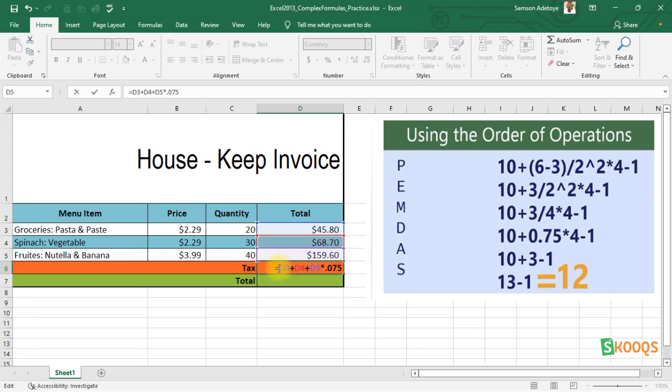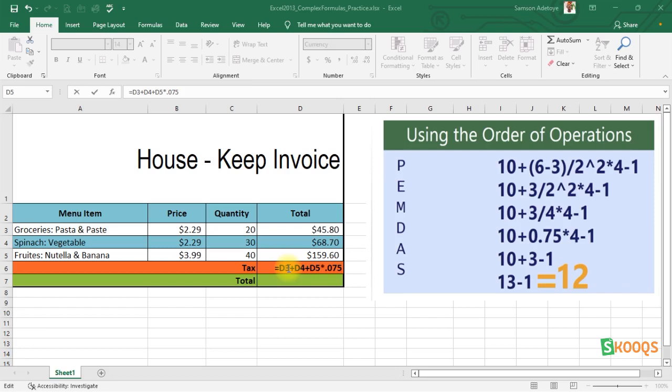And the rule says that whenever you have multiple operators, you need to put some in parentheses because they are not of the same operation. So the way this is arranged does not follow the order of operations.